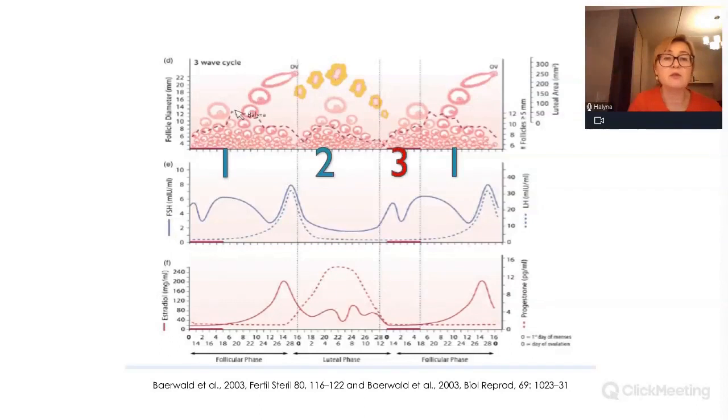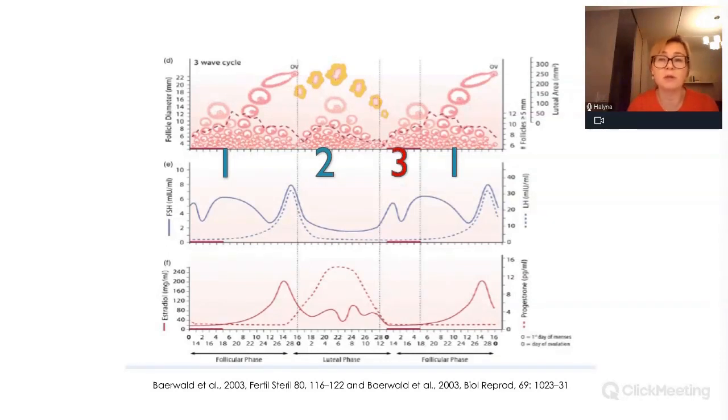Sometimes we can see 2 waves during the cycle, sometimes 3 waves, but the lower the ovarian reserve, the more difference in size of follicles we can have at the beginning of the cycle.